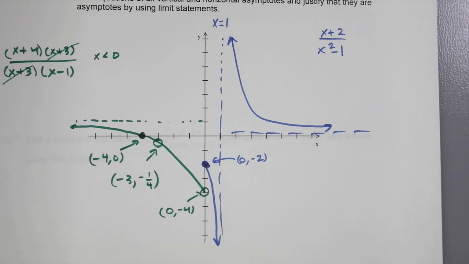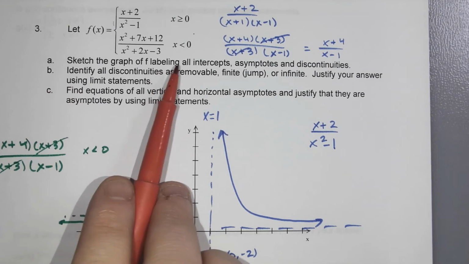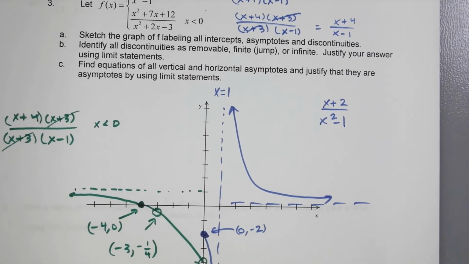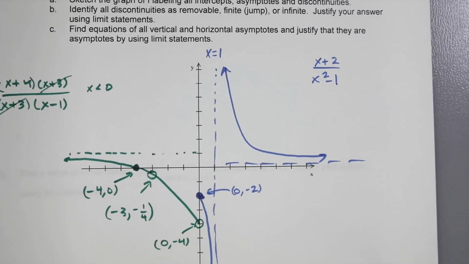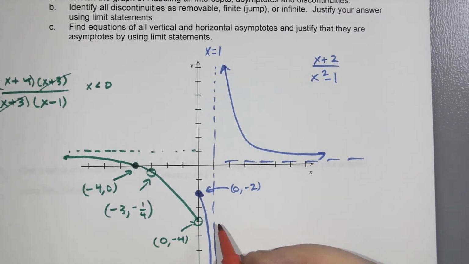Okay, so I'll go back and look at the questions now. A is sketch the graph, label intercepts, asymptotes, discontinuities. Looking pretty good. B, identify discontinuities as removable, finite, or infinite, justify with limit statements.